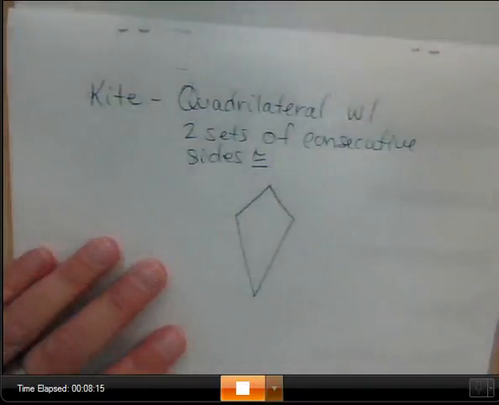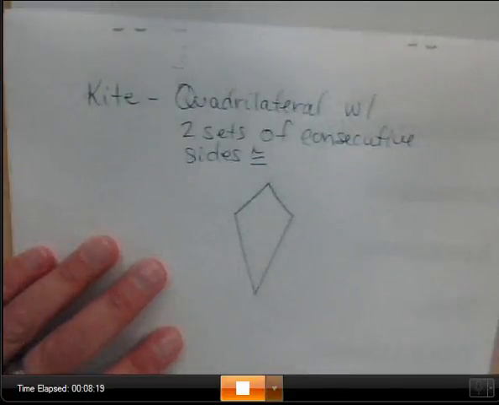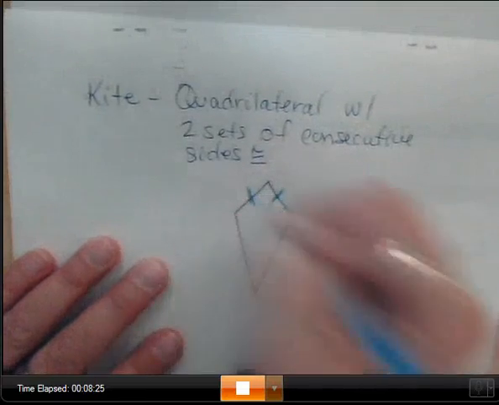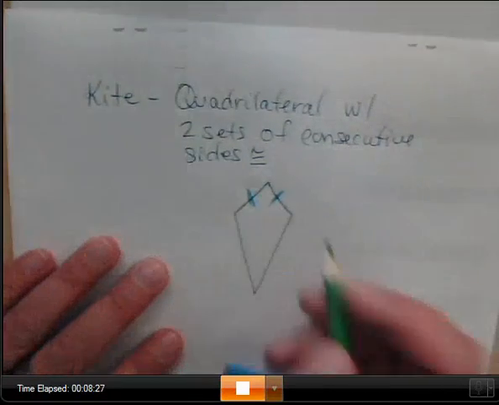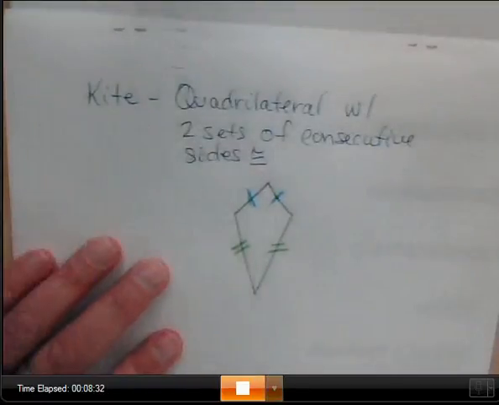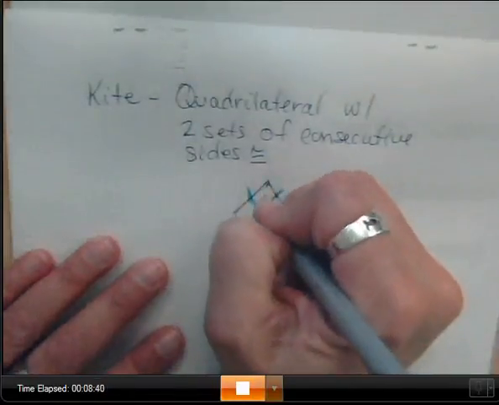What does consecutive mean? Next to each other. So we would know that this guy is congruent to this guy, and this guy is congruent to this guy. Now, what do we know about diagonals?